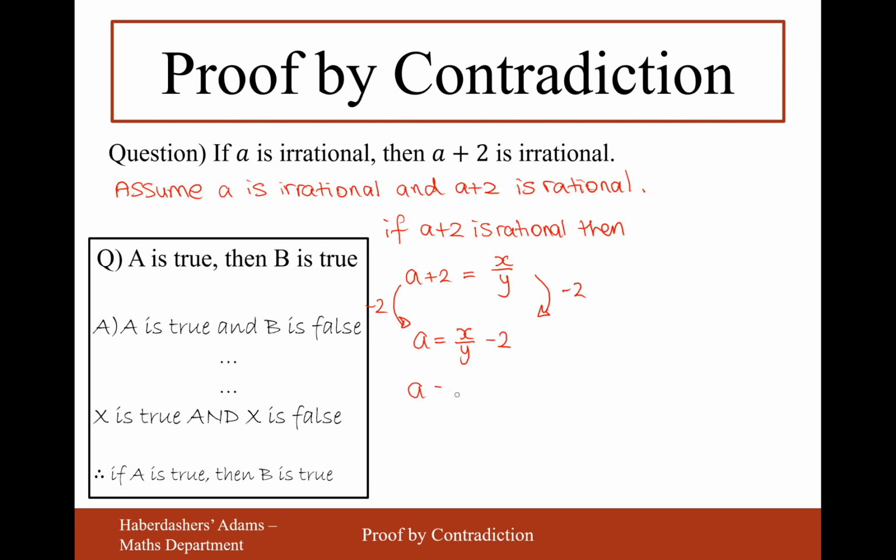But I could simplify that into one fraction. I could represent it as x minus 2y over y, which is rational. So therefore, we have a contradiction. We have A is rational and A is irrational, which is a contradiction.